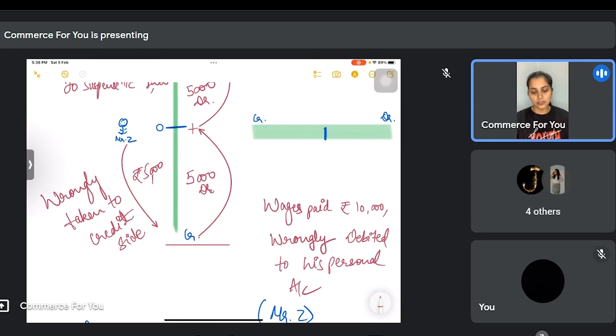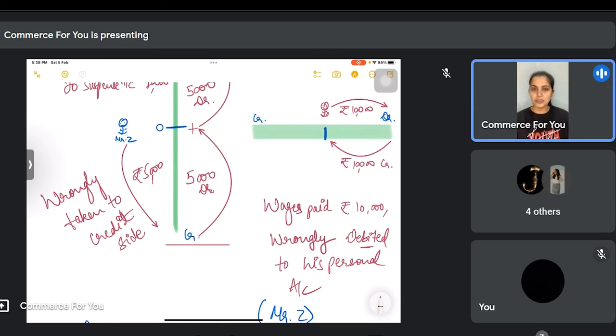Let's say if it was debited to his personal account, दैट मींस वो उनकी ये पोजीशन थी, उनके इसमें ट्रांसफर करना ही नहीं चाहिए था. अगर आपने इनको डेबिट किया है by rupees 10,000 just to rectify this, you need not move to credit direction. आपको सिर्फ इनको खत्म करना है, तो आप सिर्फ यहीं तक रिवर्सल करोगे. That means rupees 10,000 credit.